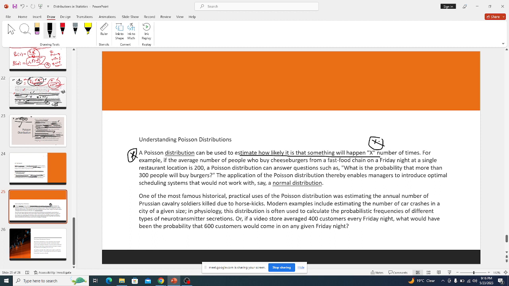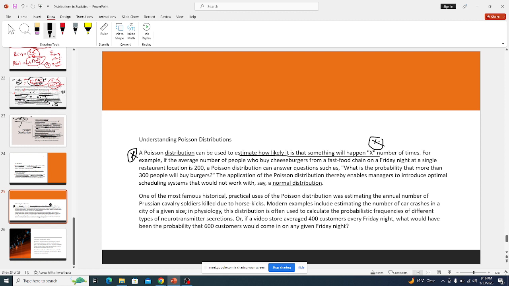let's assume you have a fast food outlet or chain. Like we have a Pizza Inn, we have Chicken Inn. So let's assume we have a Burger Inn, or a burger outlet.